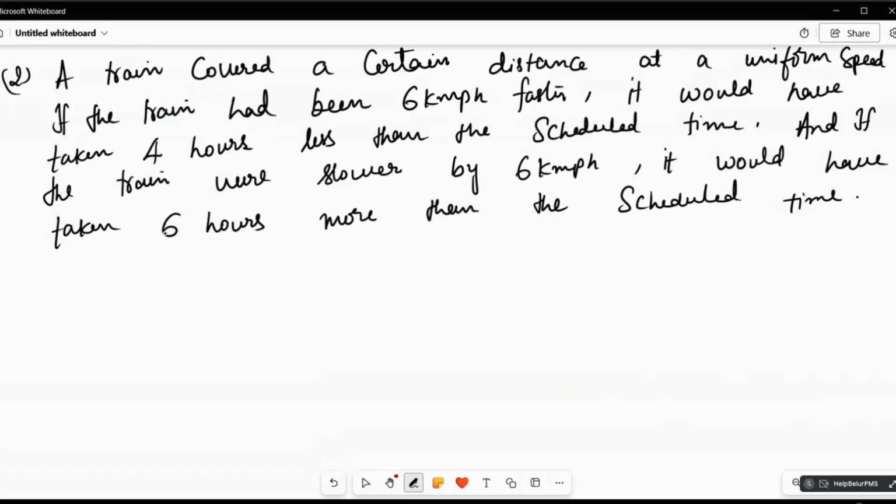Find the length of the journey. That is the distance he is asking.